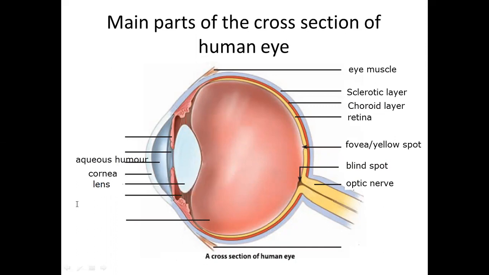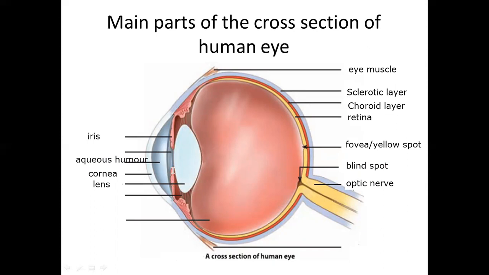Now this part is simply known as the iris. It is the part that controls the amount of light that enters your eye lens. The lens focuses light in your eyes, and the iris controls the amount of light that the lens will face. The iris has the ability to close and open.